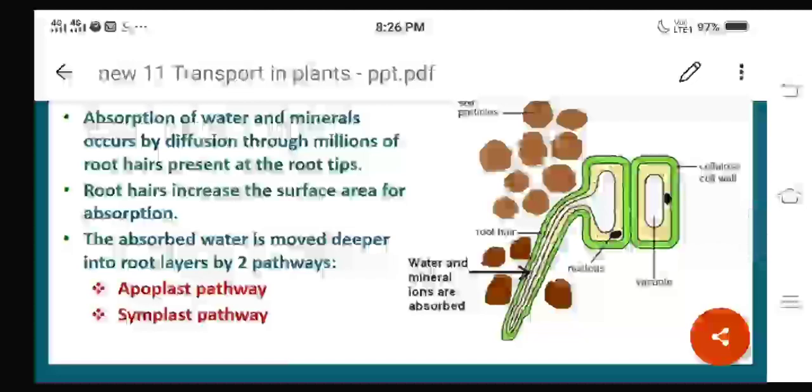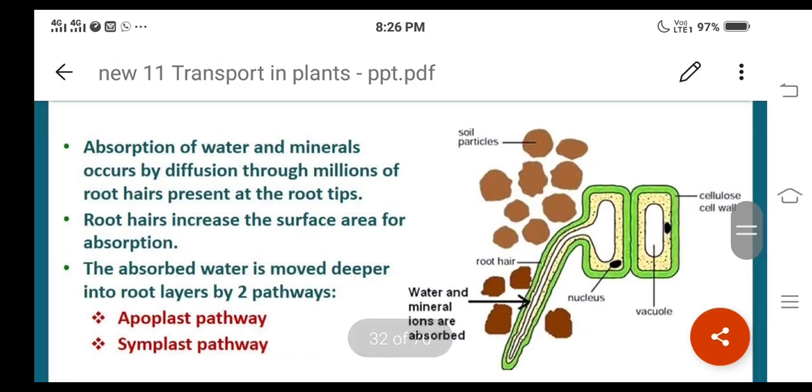In the given diagram, you can understand the structure of the root. Normally the root hairs emerge from the epidermal cells of the root. They are unicellular root hairs, nothing but elongations of the epidermal cells.